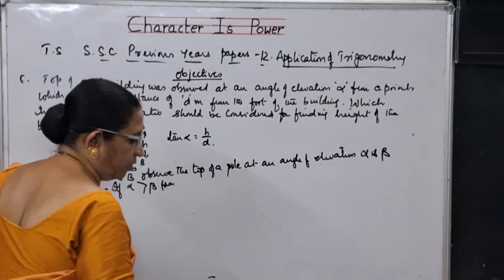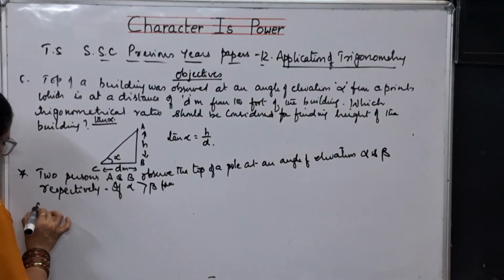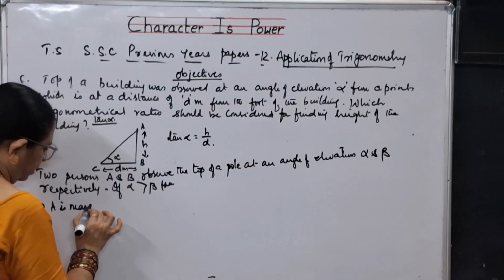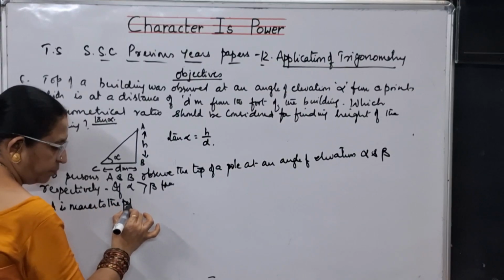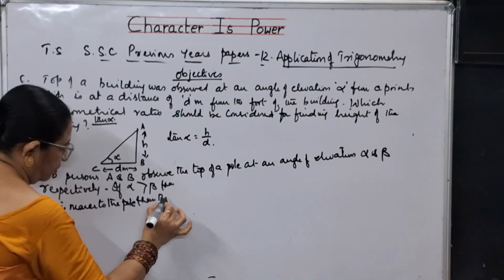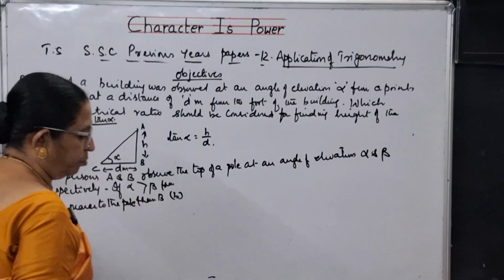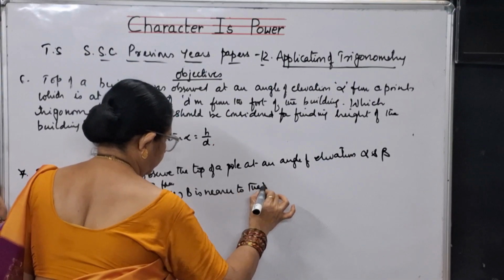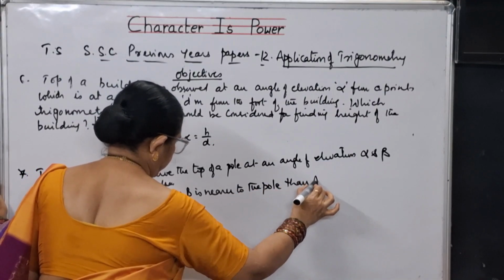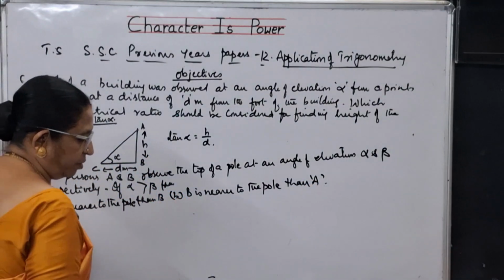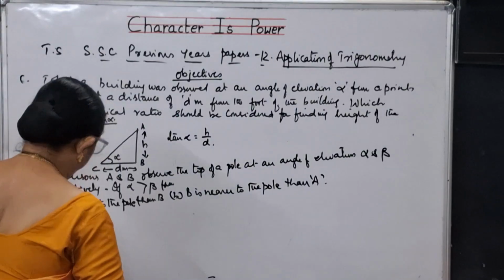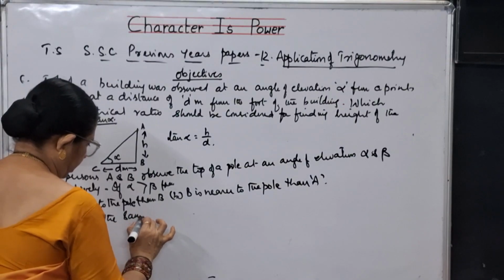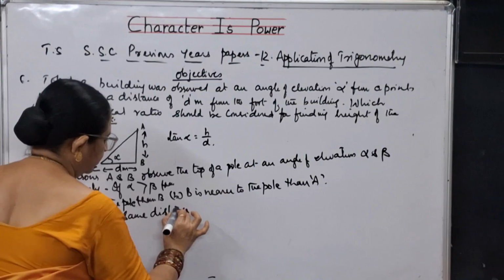You have got four options, children. First one, A is nearer to the pole than B. B is nearer to the pole than A. C, A and B are at the same distance from the pole.